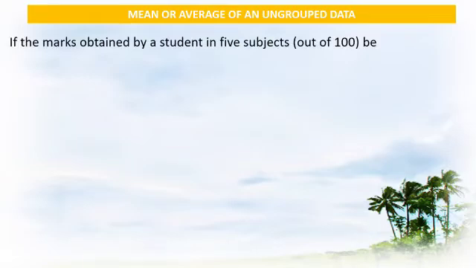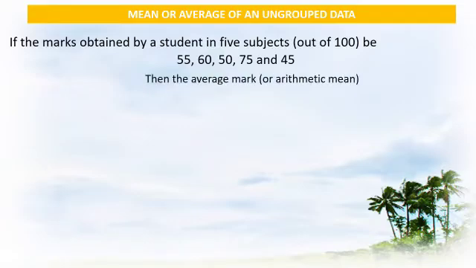If the marks obtained by a student in 5 subjects out of 100 are 55, 60, 50, 75 and 45, then the average mark is equal to (55 + 60 + 50 + 75 + 45) divided by 5, which is 285 divided by 5, that is equal to 57.